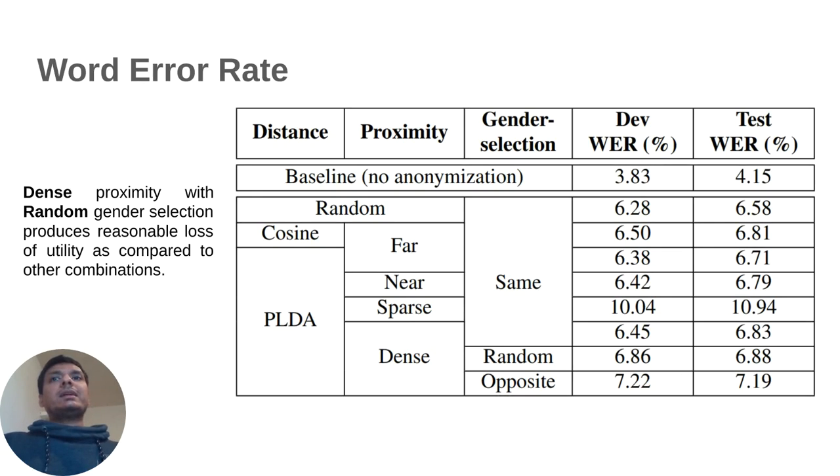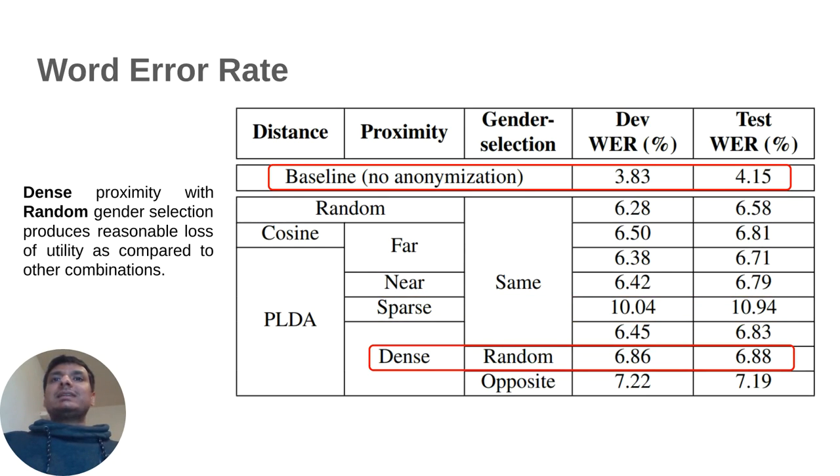Now, in terms of utility, the highlighted row indicates the baseline word error rate, which is 3 to 4%. And you may notice that the rest of the numbers climb up to 6 to 7% after anonymization. A good performing sparse proximity raises the word error rate to up to 10%, which is quite unreasonable from the perspective of anonymization.